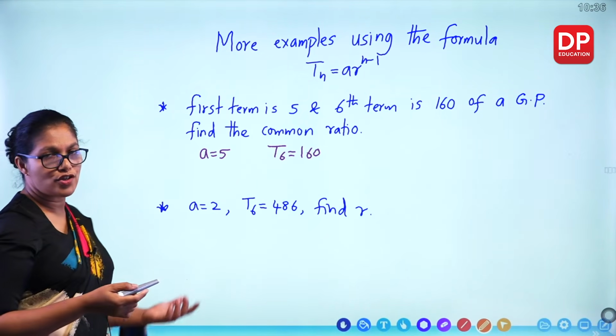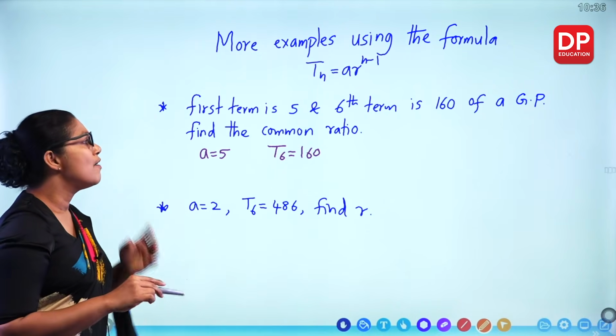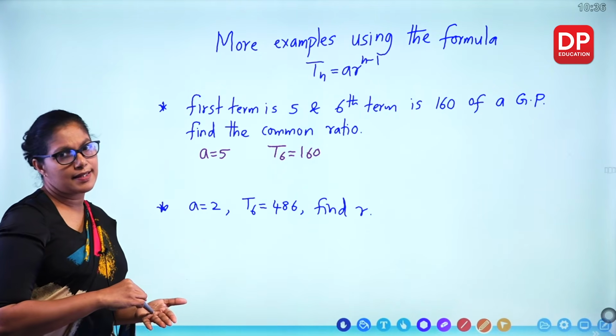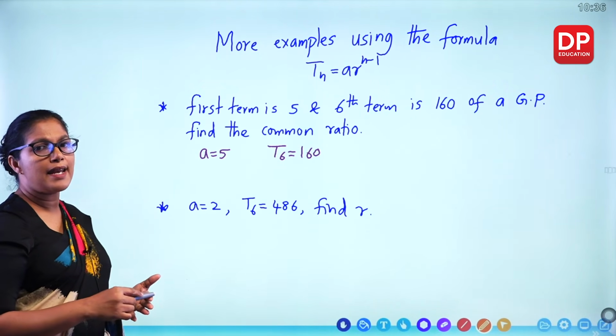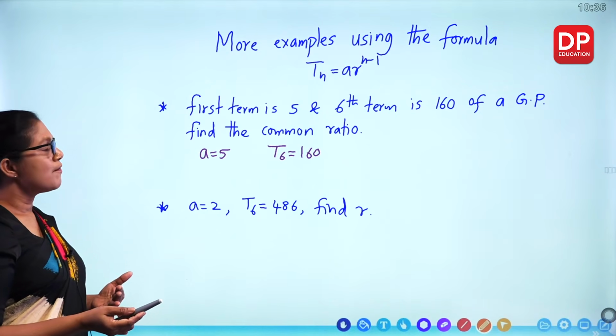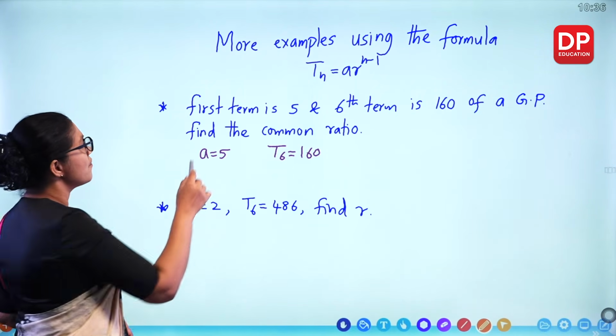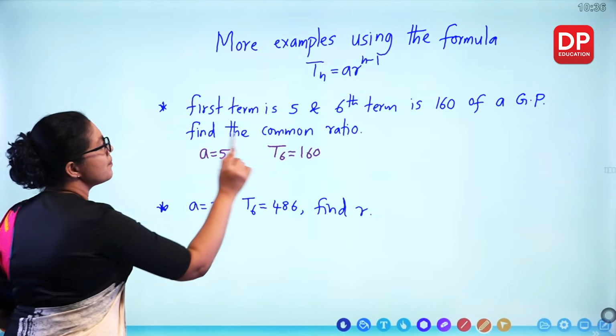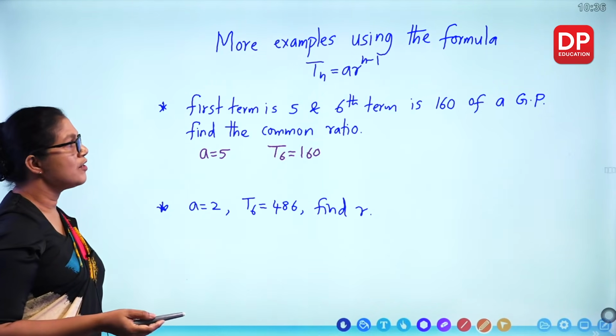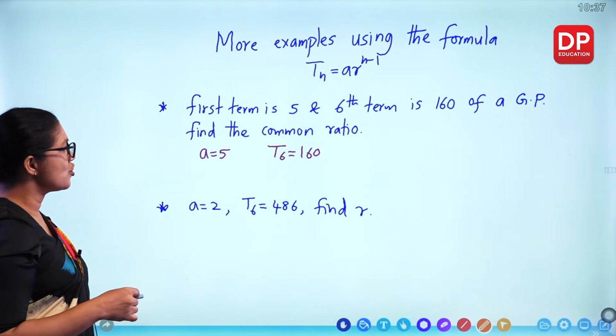Find the common ratio. Earlier we found the nth term: if you know A and R, you can find the nth term. Now the other way around. You are given the first term and the nth term and asked to find the common ratio.